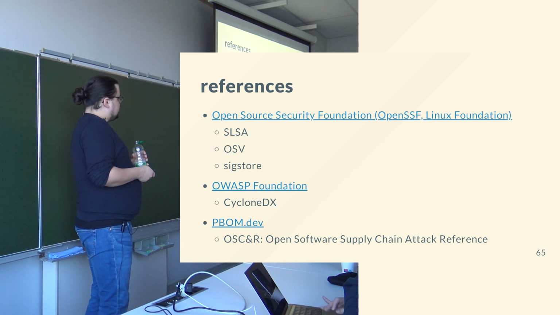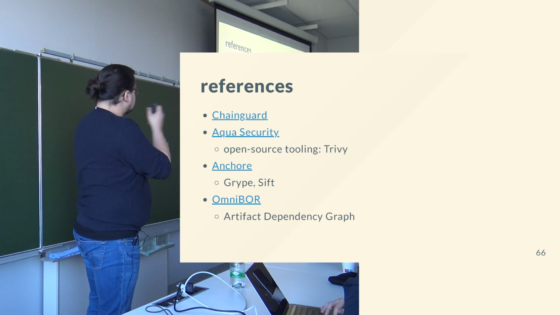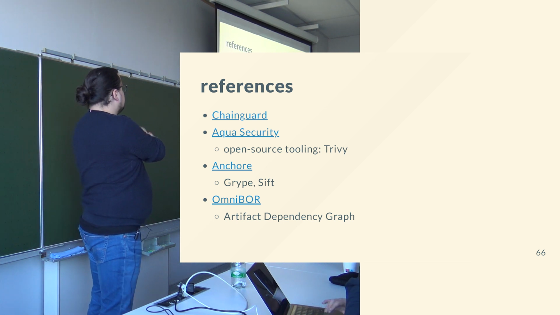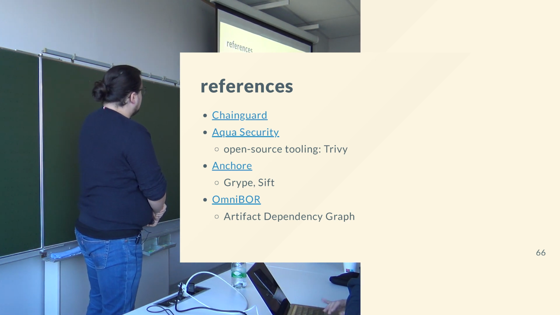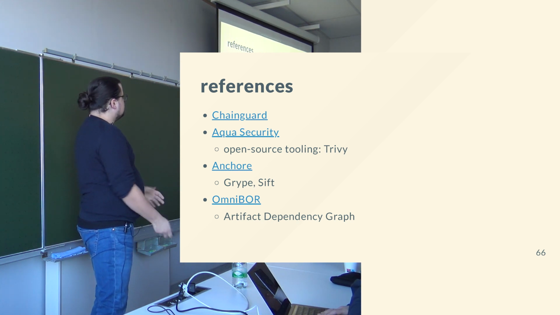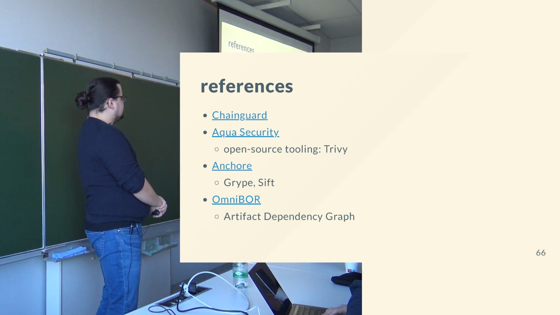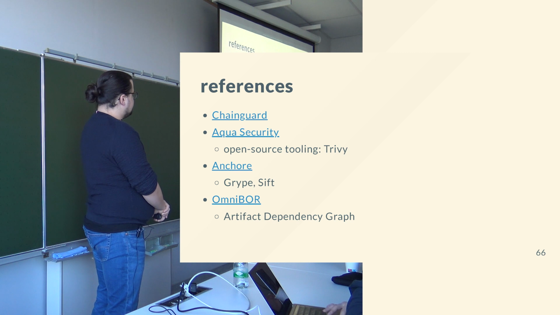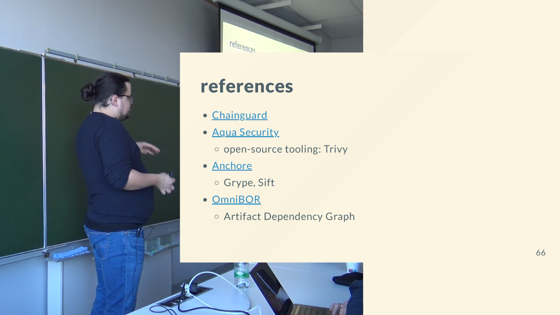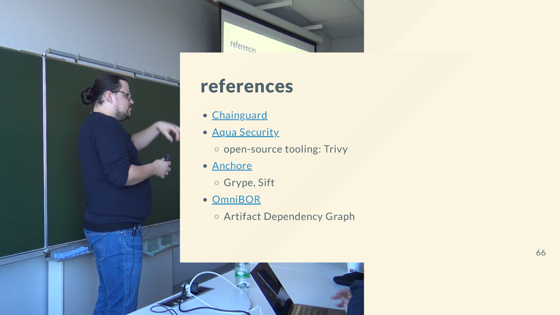That's a kind of a reference, a list of potential issues. And also a few companies, Chainguard, which is working a lot on Sigstore and signature stuff, Aqua Security with some open source tooling like Trivy, and Anchore with Grype and Syft, which are vulnerability auditing and software bill of materials tooling, also open source. Omnibor, which tries to embed a precise list of which dependency is included in which artifact.